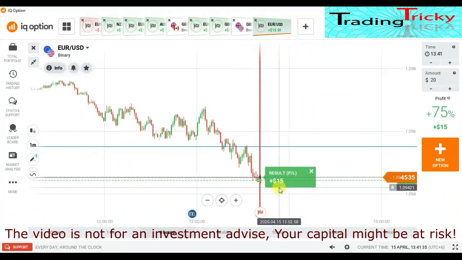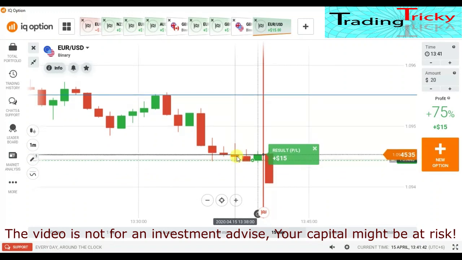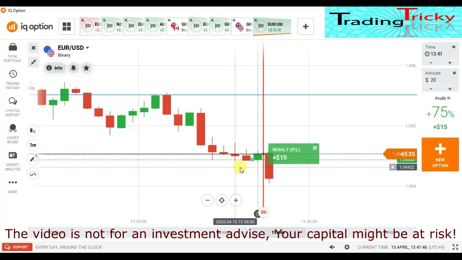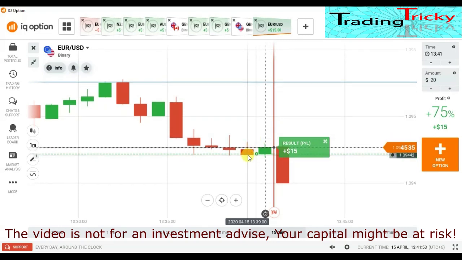So the sellers are getting weaker, and every candle has a lower rejection, meaning the sellers are not interested and the buyers are stronger than the sellers. In this candle also we saw some buyers' entry, and at the end of the movement, in the last second, some sellers' entry, and it can happen.